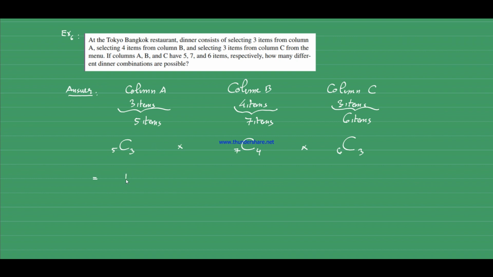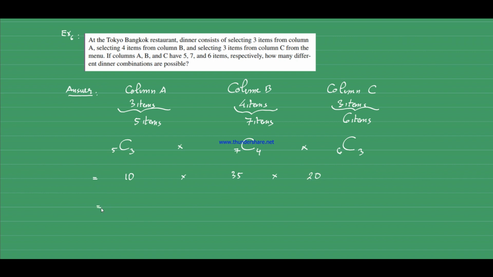So we have 10 over here, multiplied by 35, and then multiplied by 20.